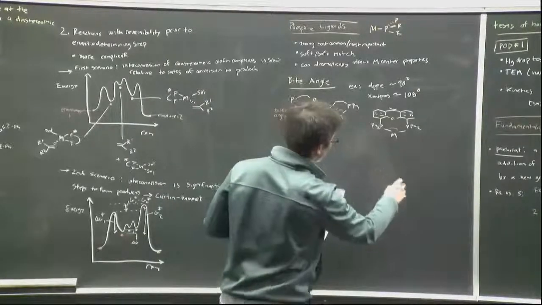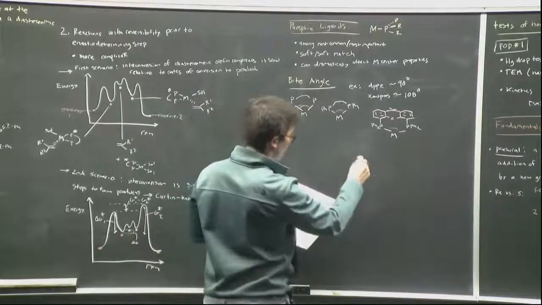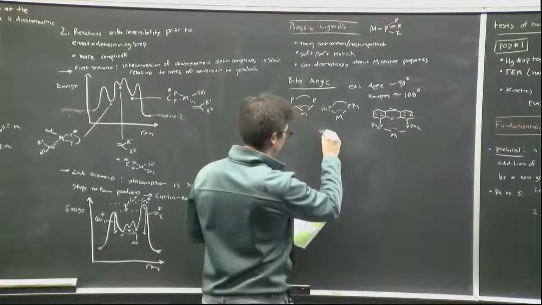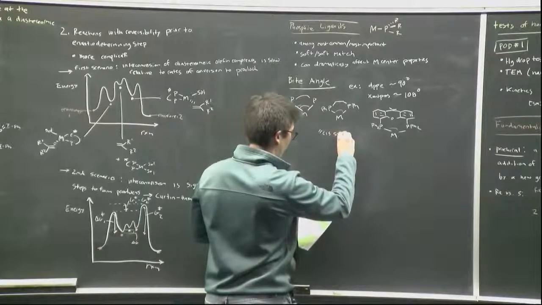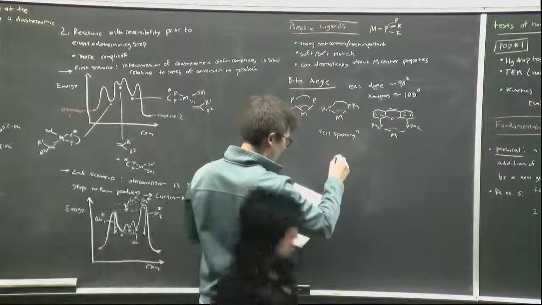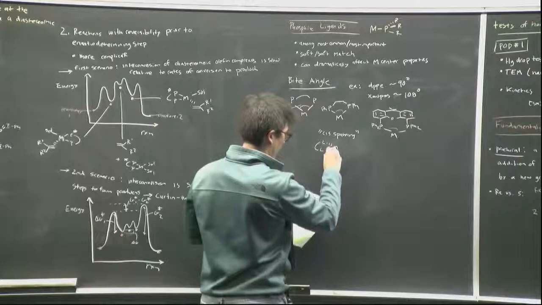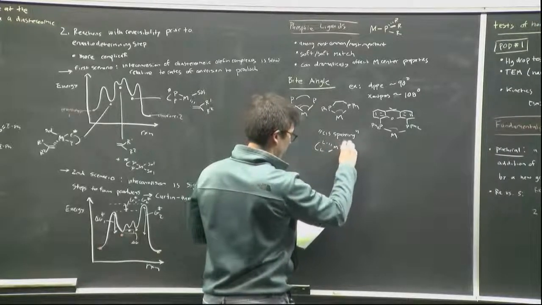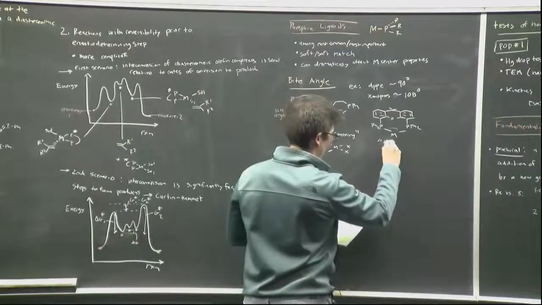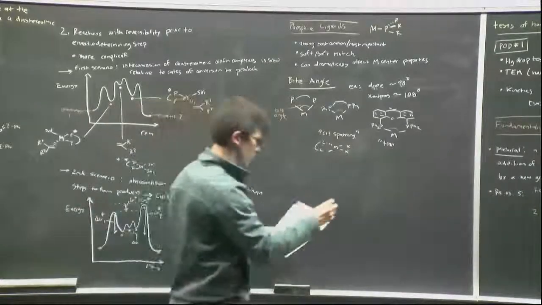And Xantphos falls within a special family of ligands, which are so-called trans-spanning ligands. Bidentate ligands can come in two flavors. And it really depends on the distance and angle between the two coordinating groups.